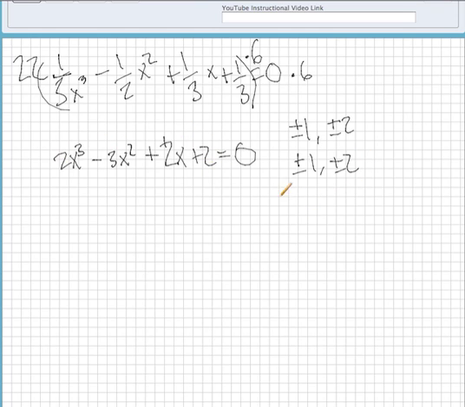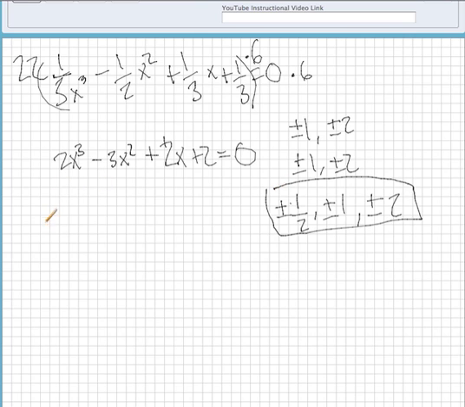Then the theorem says one over the other are going to be potential roots. So plus or minus 1 over 2 is a potential root. 1 over 1, which is plus or minus 1, and 2 over 1 is also a potential root, and 2 over 2 is just going to be 1, so we don't have to write that. All right? So here are 6 potential roots now.